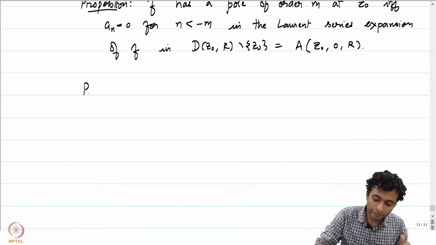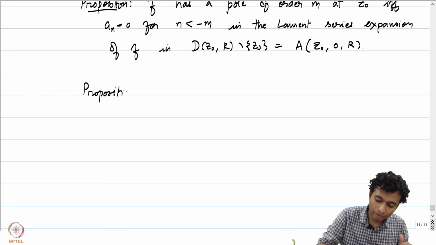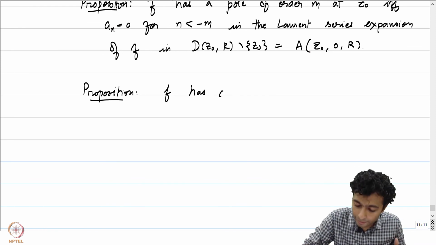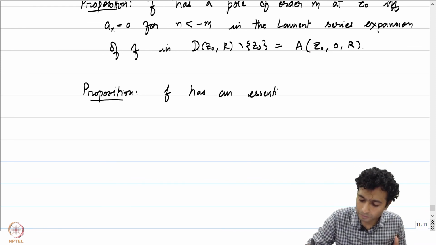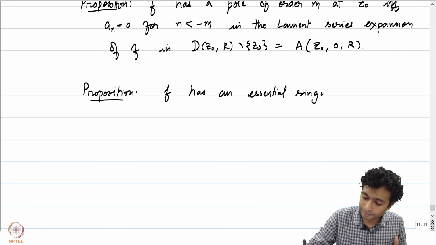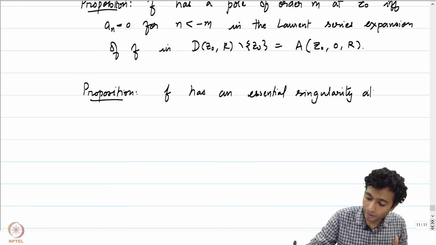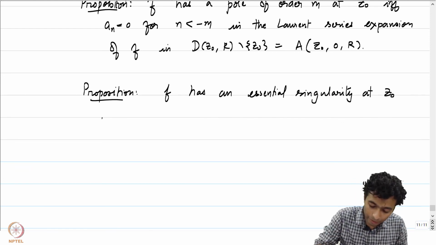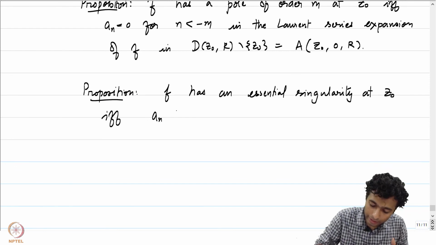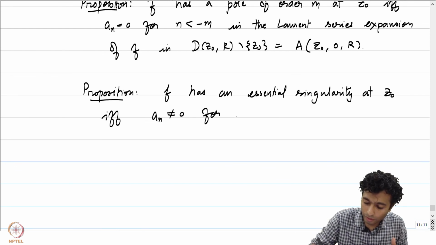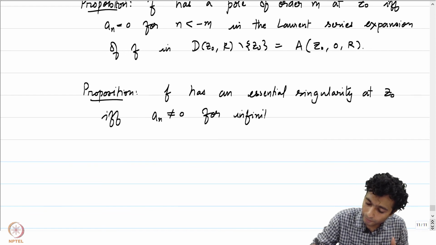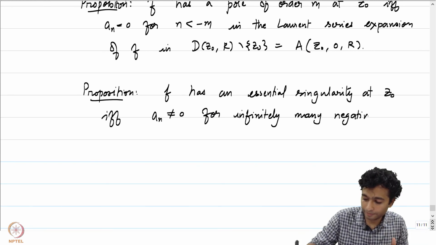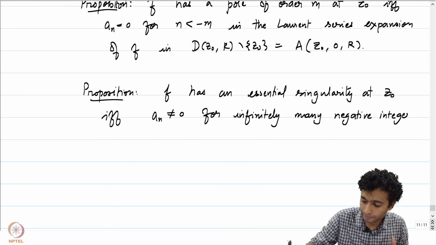Finally, if neither of these happens, that's going to be an essential singularity. F has an essential singularity at z0 if and only if a_n is not equal to 0 for infinitely many negative integers n.